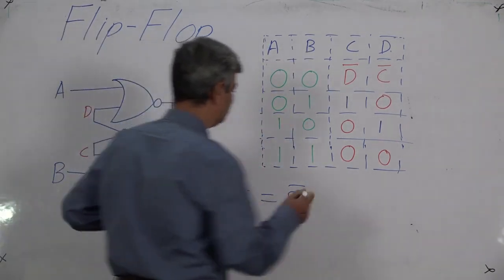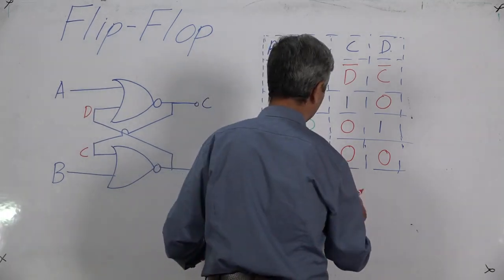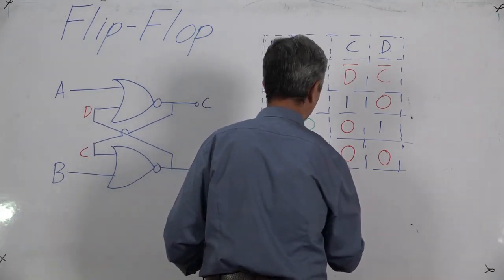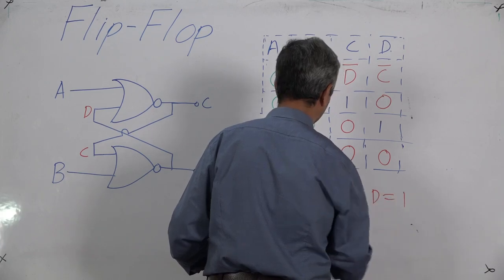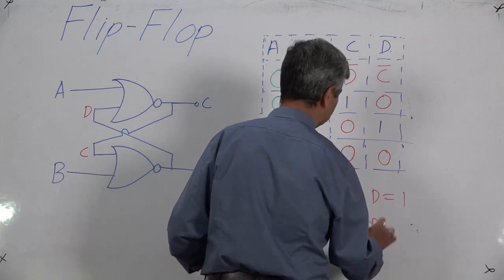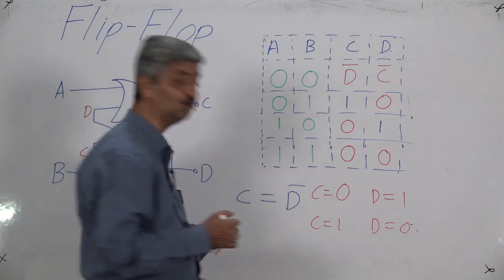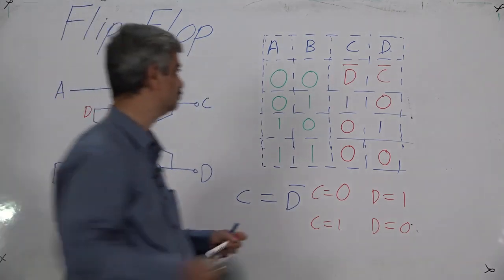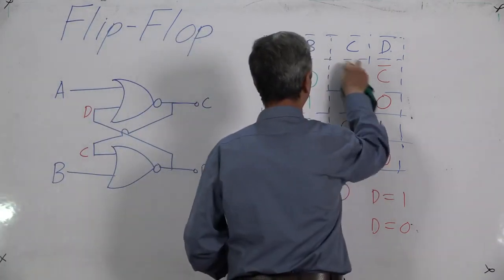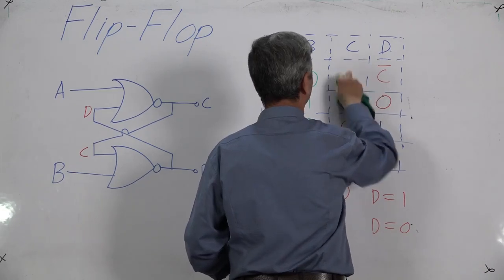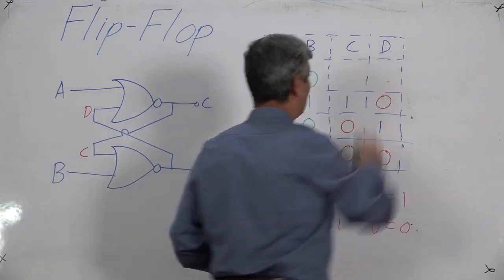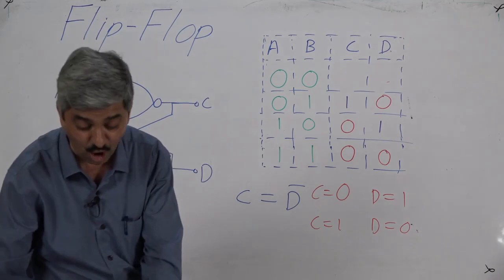If you assume C equal to 0, then what is D? If C equal to 0, D is equal to 1. If you assume C equal to 1, D is equal to 0. So there are 2 solutions: either 0, 1 or 1, 0.